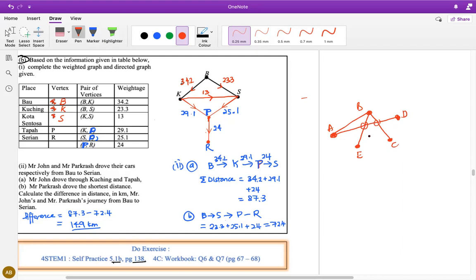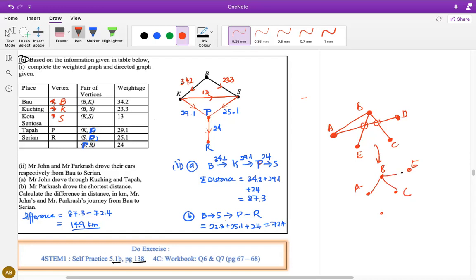So please change this diagram to a more understandable network graph. Okay, there's AB, right? So this one is C. This one is E. You have to redraw like that.